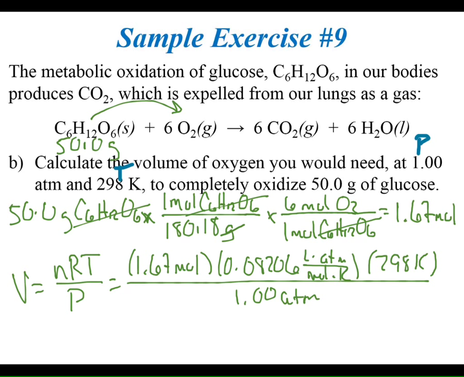So let's make sure everything's canceling like it should. Moles, moles, Kelvin, Kelvin, atmospheres, atmospheres. There you go. We're left with liters. And what'd you get? I say 40.8? 40.8. Awesome. Okay. So we're tying it all together here.